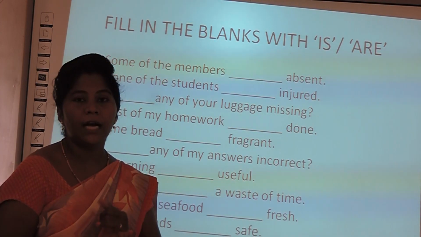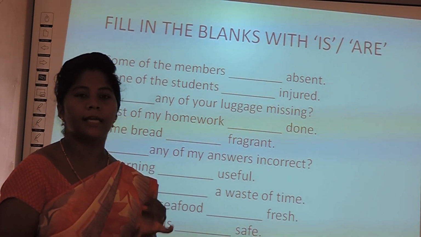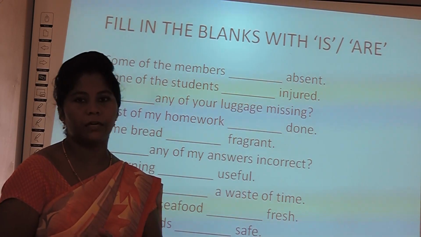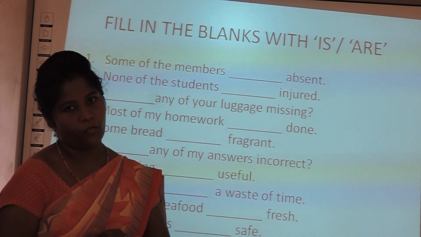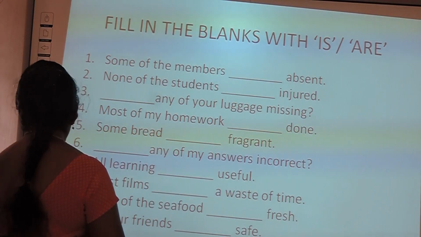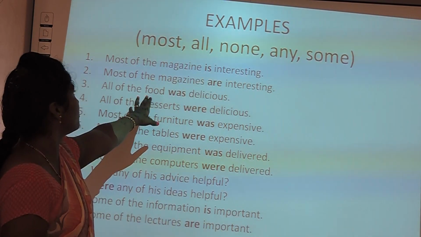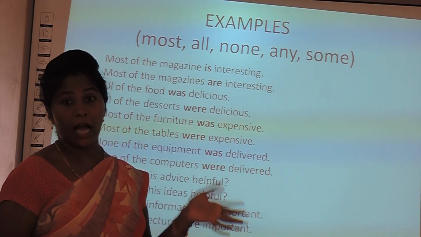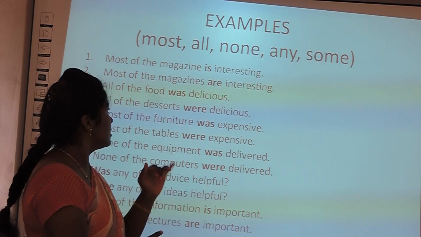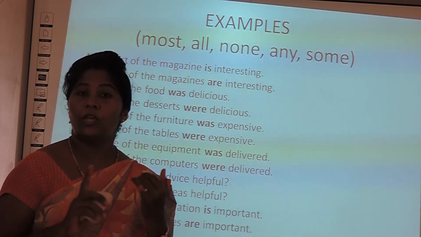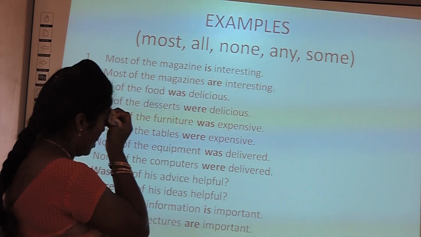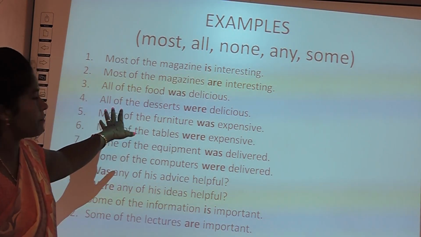As I told you, an uncountable noun is always considered singular and it will take a singular verb. So in this sentence we have food, and food is the uncountable noun and it is going to take a singular verb. Now look at the next sentences.